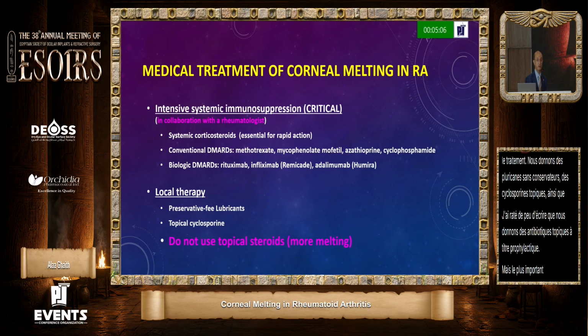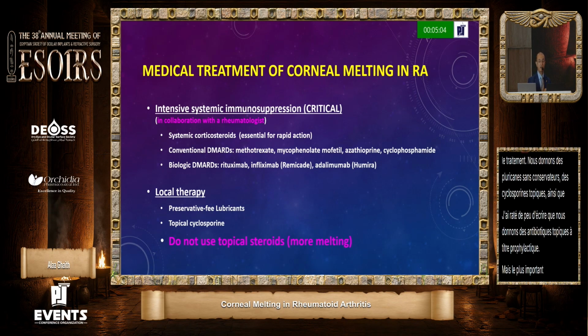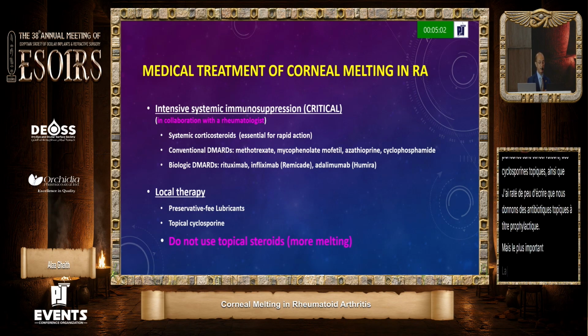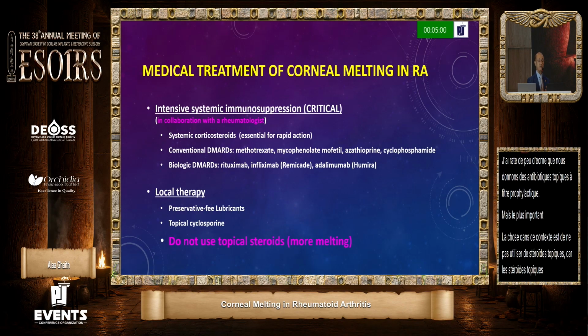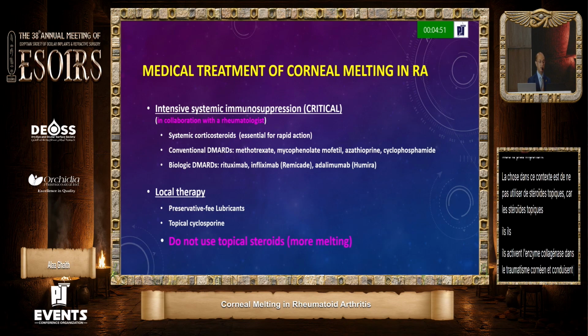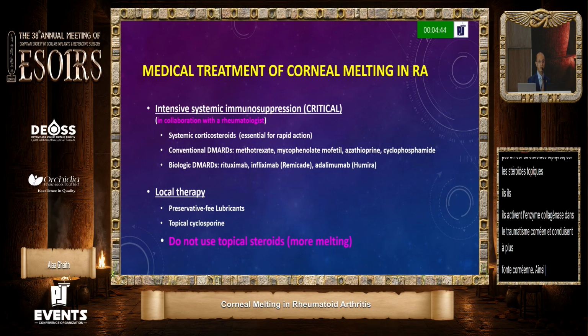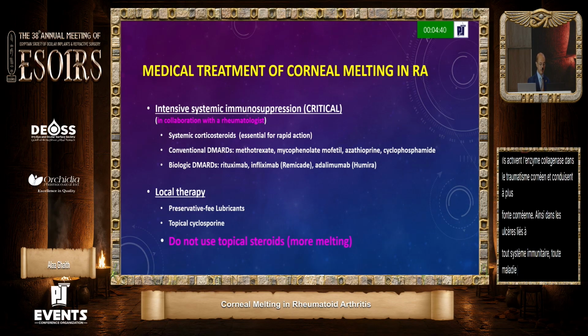But the most important thing in this context is not to use topical steroids, because they activate collagenase enzyme in the corneal stroma and lead to more corneal melting. So in ulcers related to any immune system, any autoimmune disease, you should not use topical steroids.